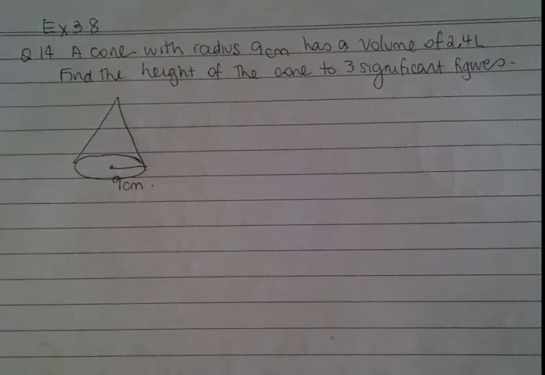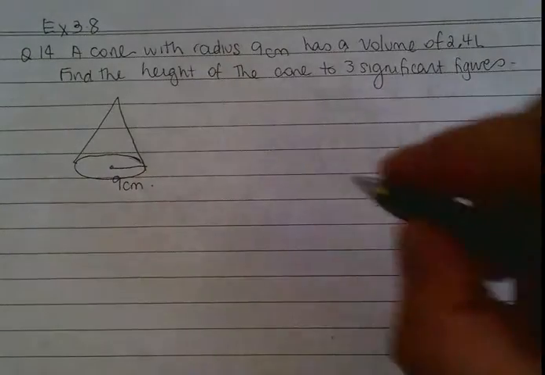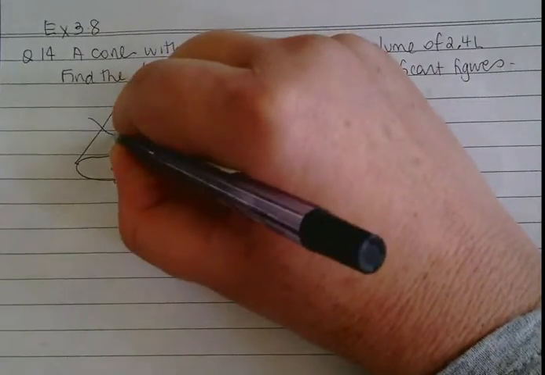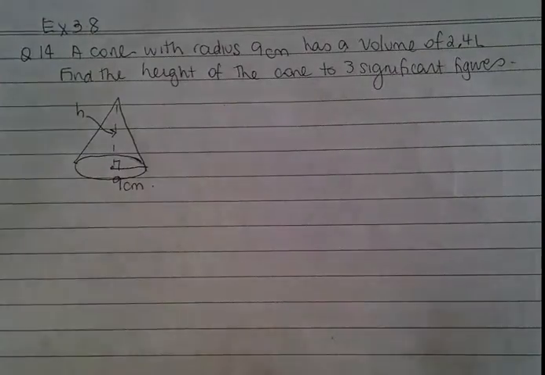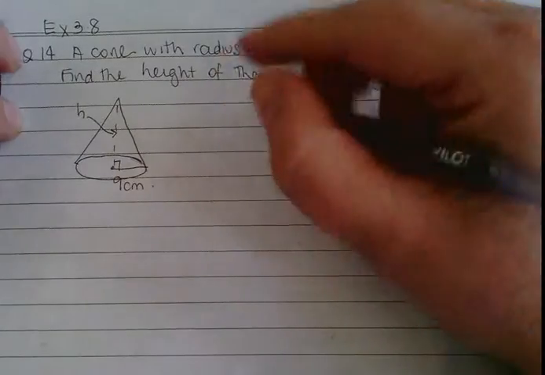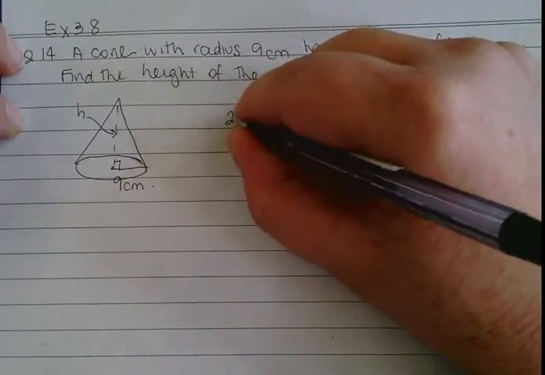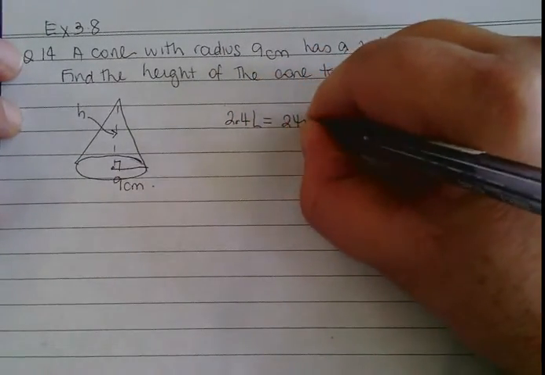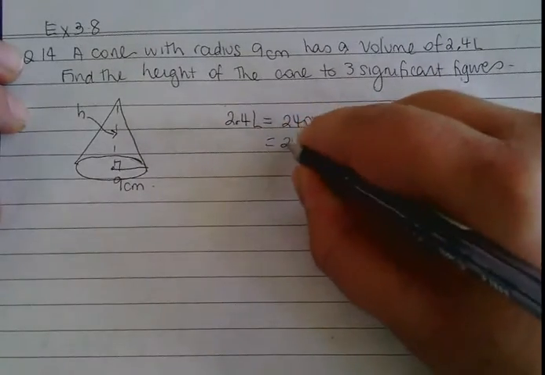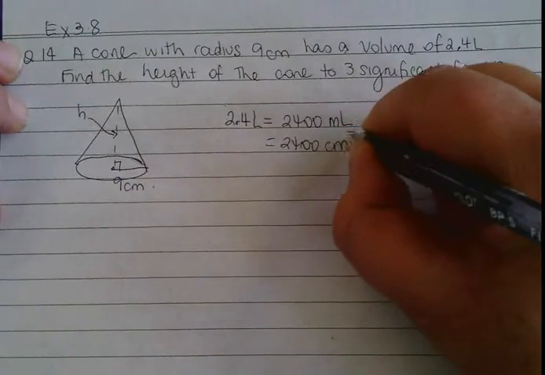A cone with radius 9 centimeters has a volume of 2.4 liters. Find the height. I think they just want the height, not the slant height. Now, the problem is this is in liters and this is in centimeters. So we know that 2.4 liters is 2,400 mils, which is 2,400 centimeters cubed.